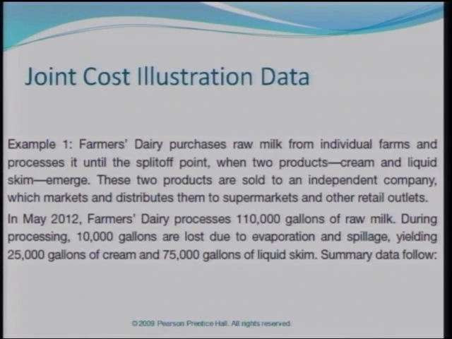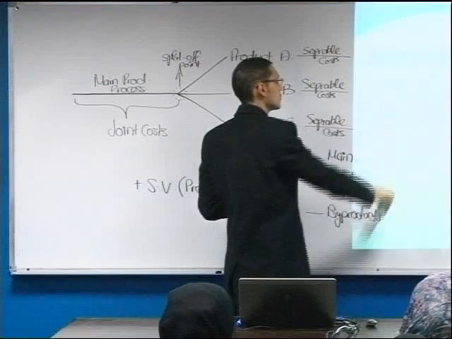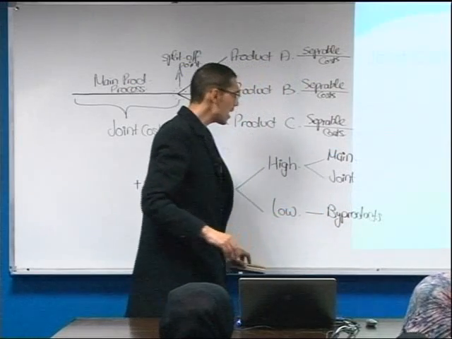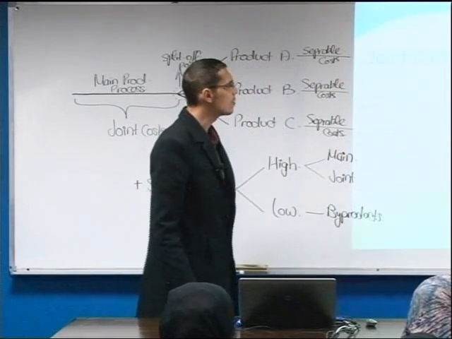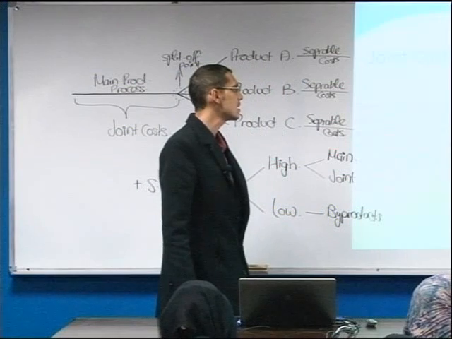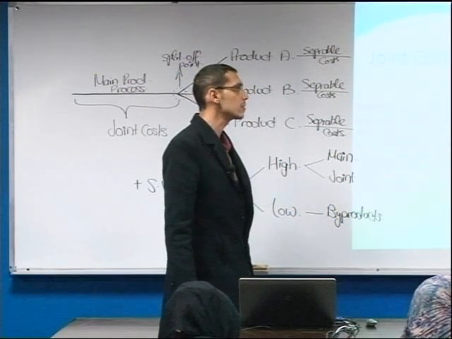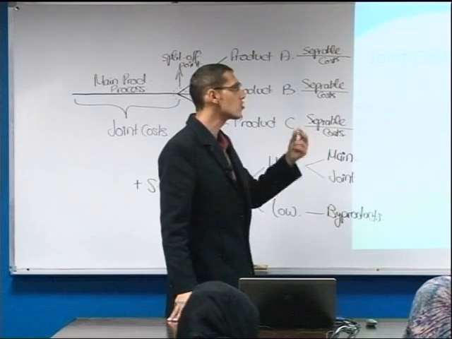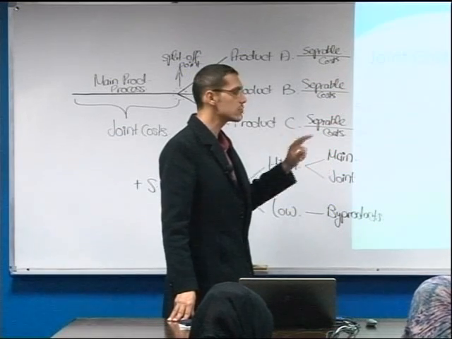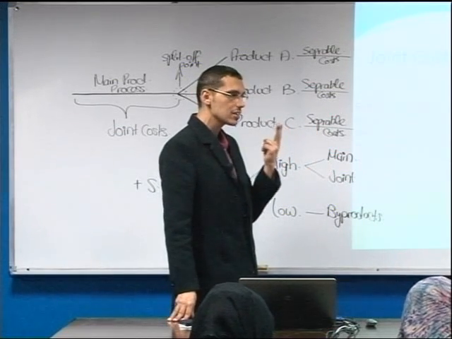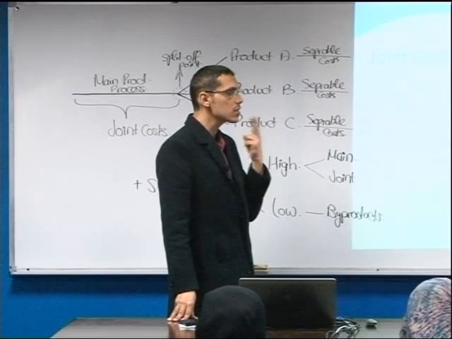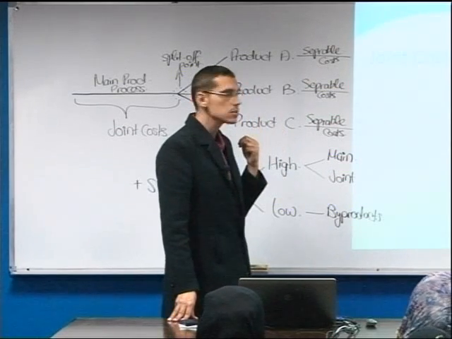As we can see here, Farmer's Dairy purchases raw milk from individual farms and processes it until the split-off point, when two products, cream and liquid skim, emerge. Therefore, we have two main products, called joint products.